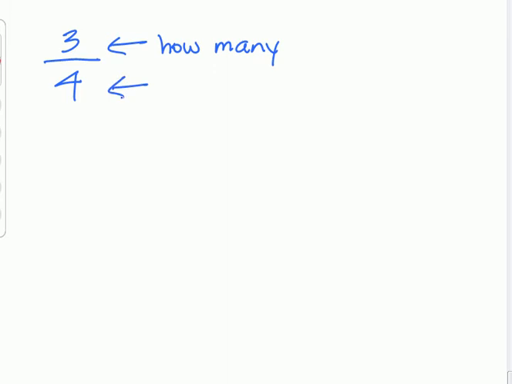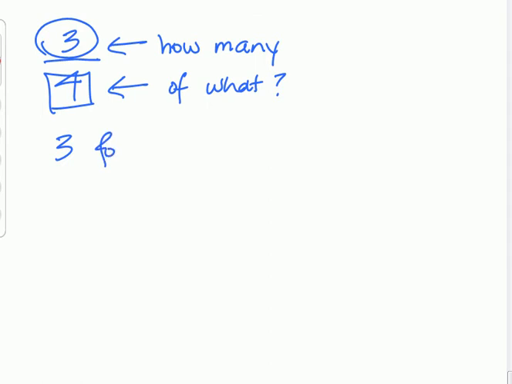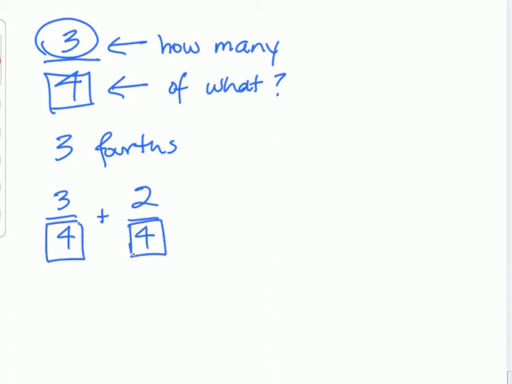So in this case, when we see the fraction 3 over 4, it says we have 3 of these things called fourths. So it's 3 fourths. So that's why we can add 3 fourths plus 2 fourths, because we're adding like things. And we would end up with 5 of those things called fourths.